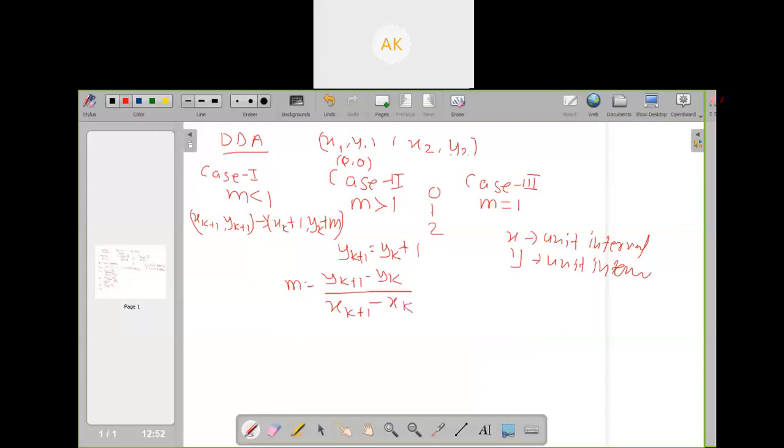Put this value in this equation: yk plus 1 minus yk, over xk plus 1 minus xk. These values cancel out, so bringing this over, xk plus 1 minus xk equals 1 by m. So xk plus 1 equals xk plus 1 by m.